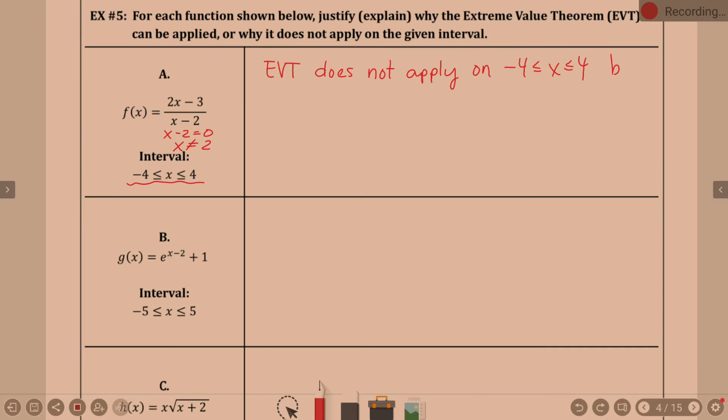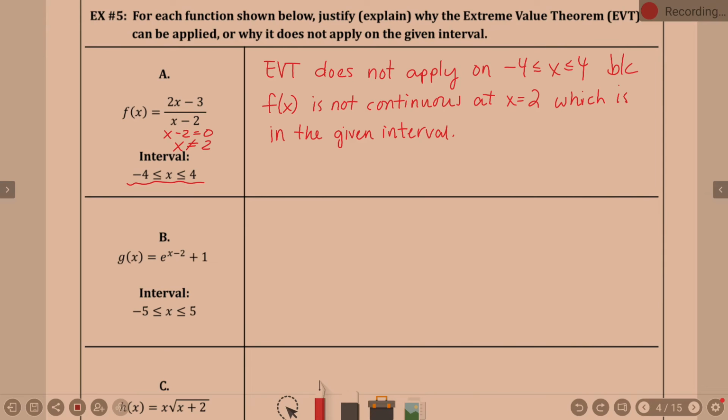Because f of x is not continuous at x equals 2, which is in the given interval. Something along those lines, right?